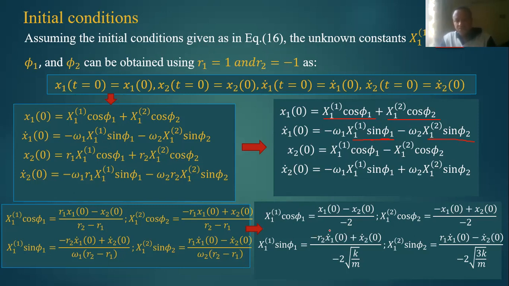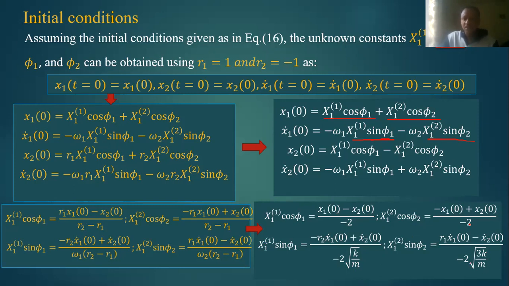Okay, so the initial conditions of the velocity and the displacement are not given numerically. Someone can take their values in numeric terms, then finally we can find the constants. And here, from this equation, omega 1 is the square root of k over m, omega 2 is the square root of 3k over m.